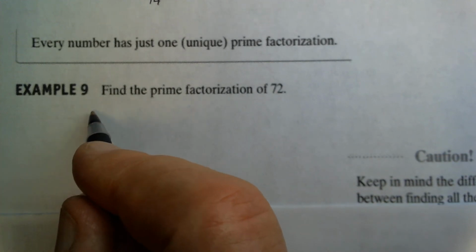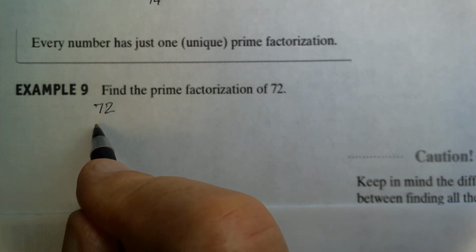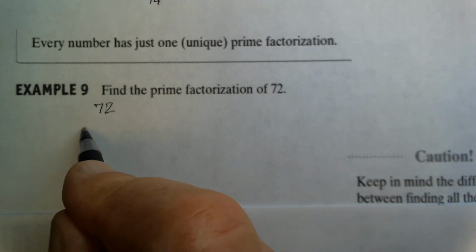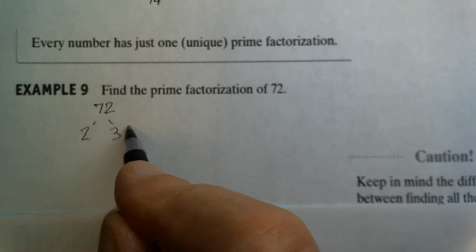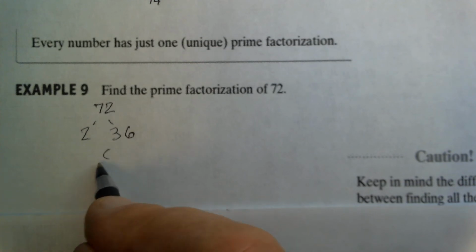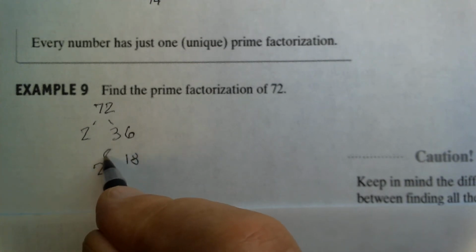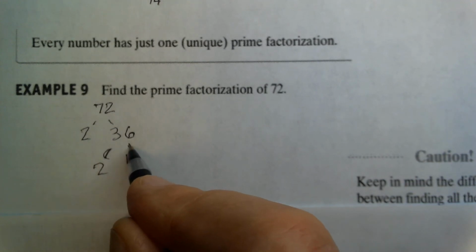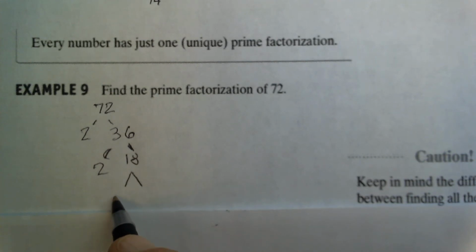The way it works is that you write down 72. Now you know it's an even number, so you can write it as 2 times 36. Now 36 is an even number also. We can write it as 2 times 18. And 18 is an even number, so we can write that as 2 times 9.